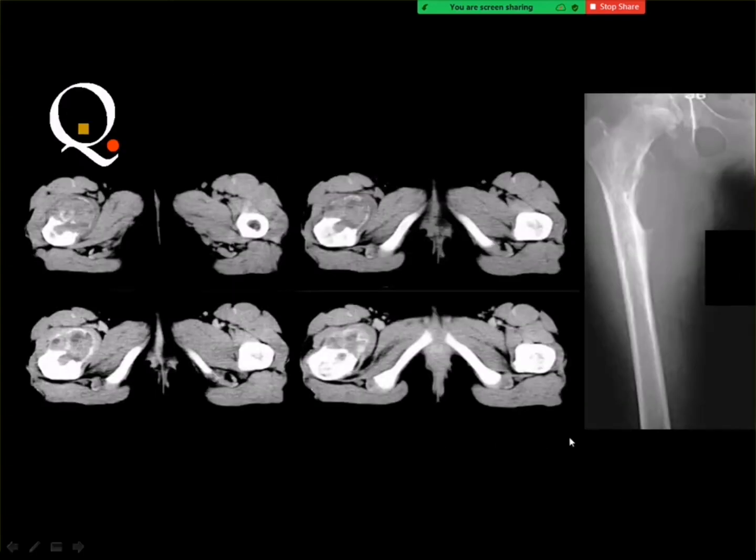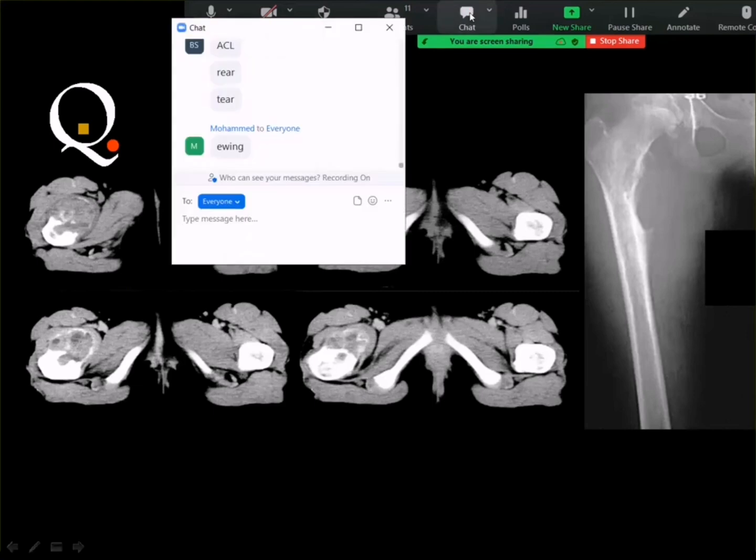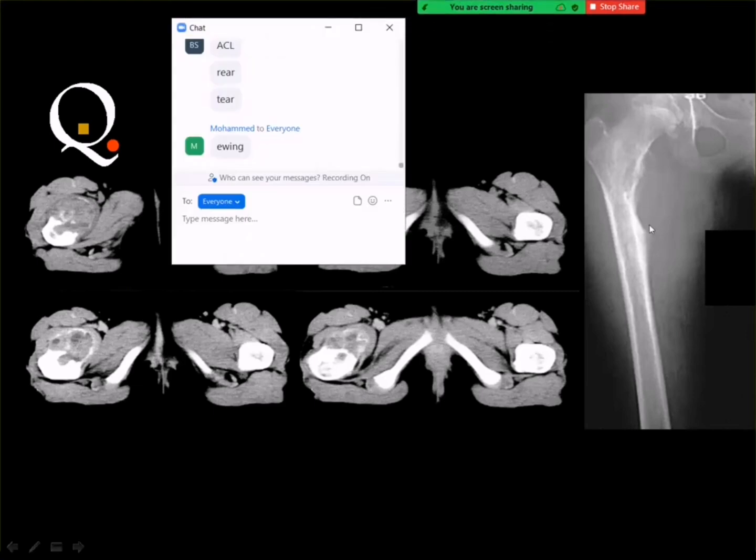And this is a child with an osteolytic lesion here, and this is the CT scan of the same case. No, Ewing is not an expanding lesion like this.